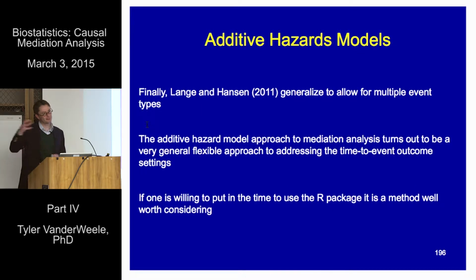They also generalize it yet further to multiple event types. So it's a pretty useful software package and way to go about mediation analysis in this time-to-event outcome context. Actually, most of the applications of mediation for time-to-event outcomes have used this package to date. And until recently, it really was, I think, the only easily usable package available.